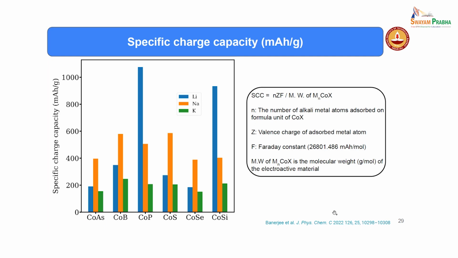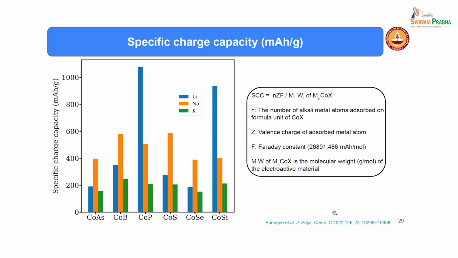So similarly, once you identify a material, for example cobalt selenide, and if you know how many atoms are absorbing, then you can even calculate whether potassium will be the one which will be least or the other ones, simply based on the number of atoms that are absorbing and what the molecular weight is.